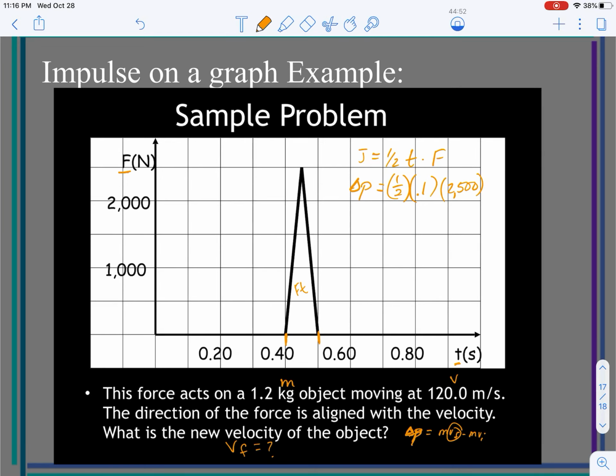And so this is how I would set up my problem. Once I calculated my change in momentum or my impulse, then I would be able to take that value and plug it into the relationship of mass times velocity final minus mass times velocity initial, and I would just do my algebra here to solve.